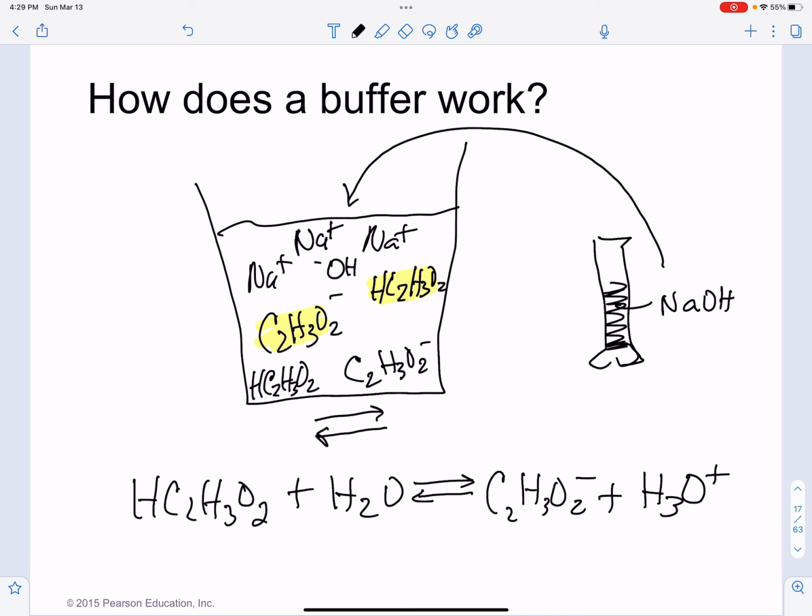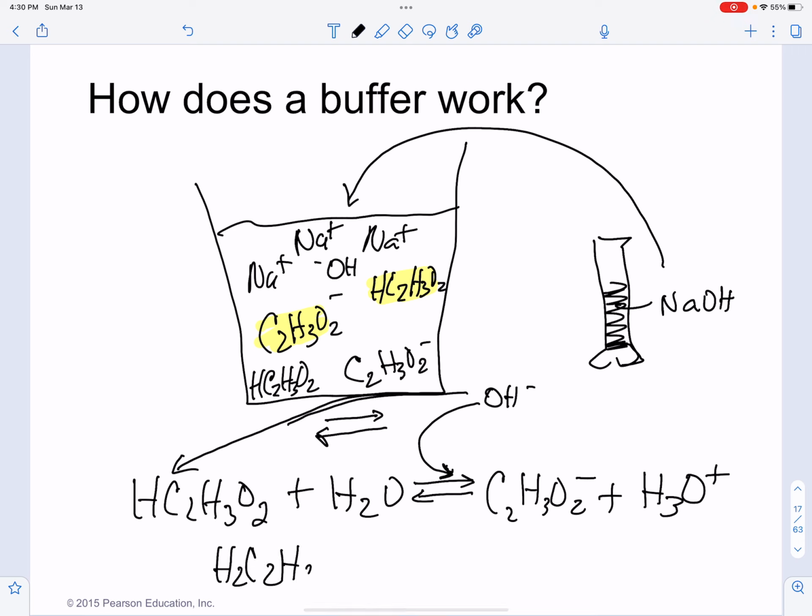Now you're going to be adding hydroxide to the system. And hydroxide is going to react with the acid, so you're going to have this competing reaction happening. So you're going to produce more water and more acetate.